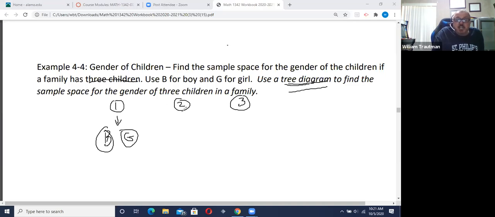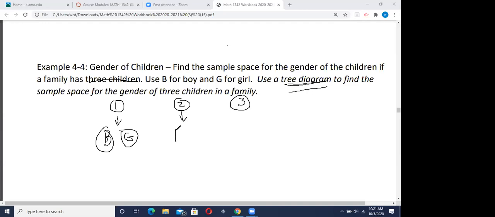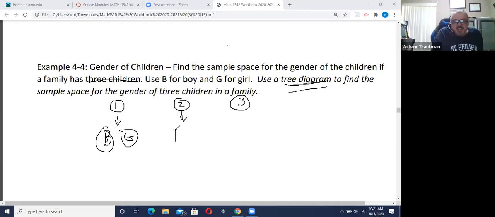On the second child, what could they have? Twins? Yes. No, but we're counting at 1 child each, but they could have a boy or a girl also, correct? And the third time, they could have a boy or a girl.